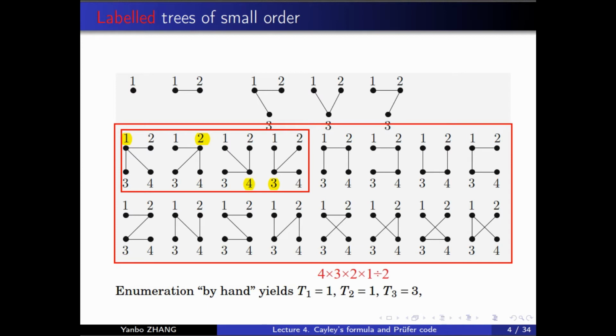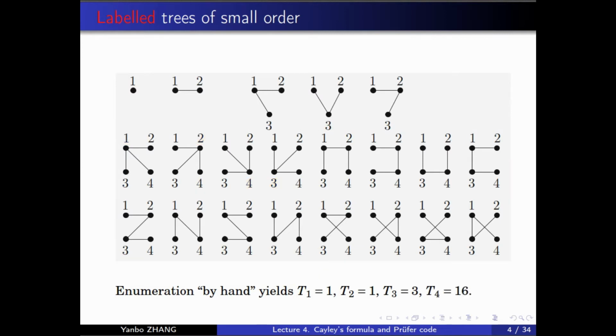So the number should be divided by 2. Thus, the number of labeled trees of order 4 is 16. 16 is an interesting number since 16 equals 4 squared. Therefore, we conjecture that the number of labeled trees of order n is n to the power n minus 2.